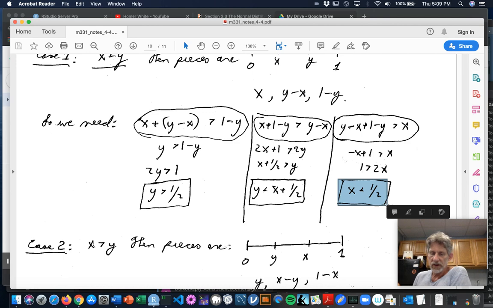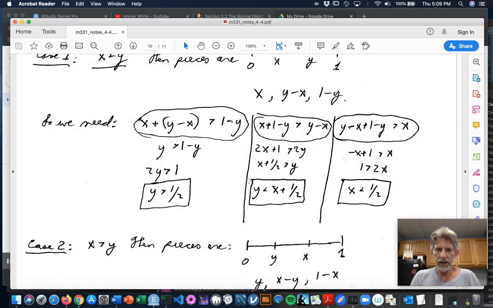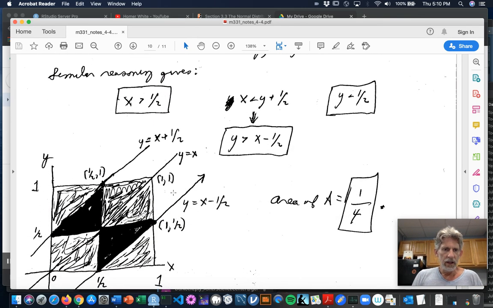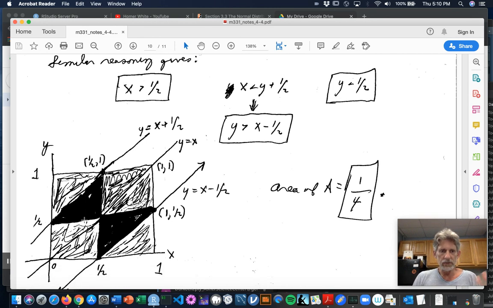It's got to be less than halfway through the square, and also the height has to be less than y equals x plus a half. And this little shaded in triangle is showing that. That was what was bleeding through to the other side. This very heavily shaded thing is exactly those three conditions put together.